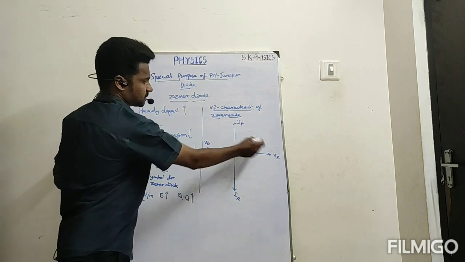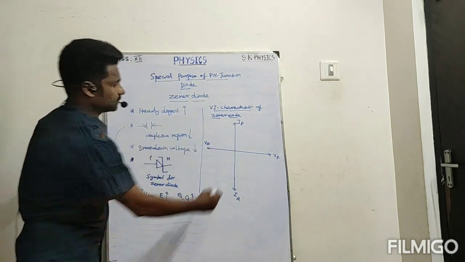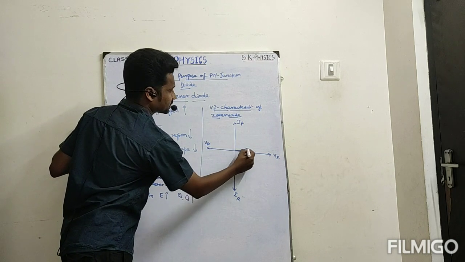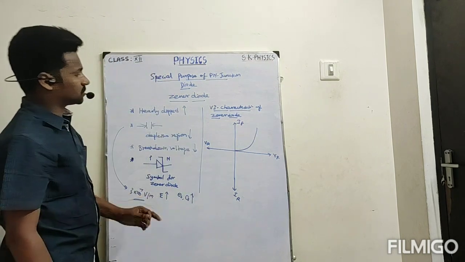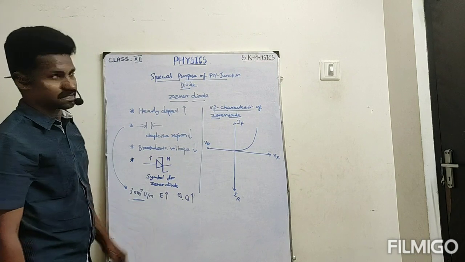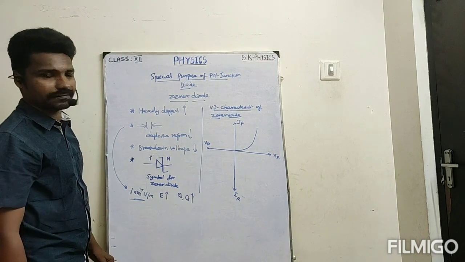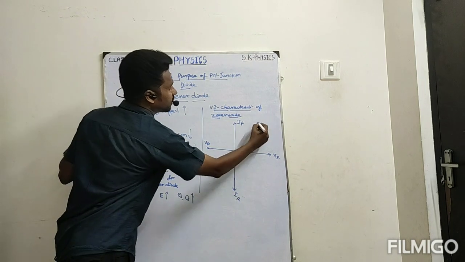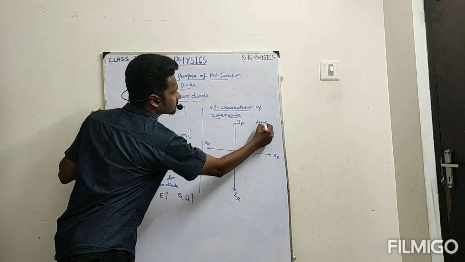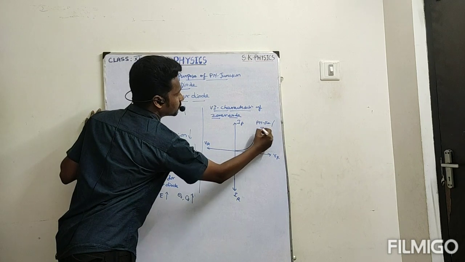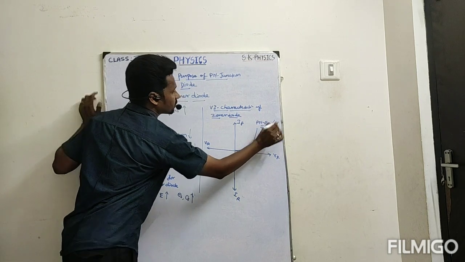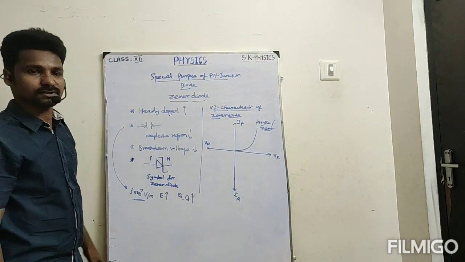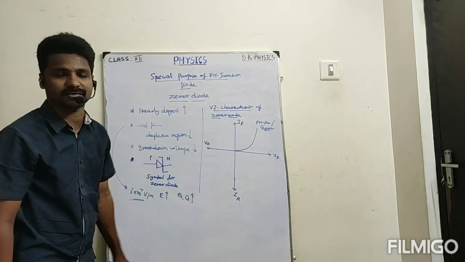If you focus on the forward bias curve, generally we get it like this. This is known as the PN junction diode curve. This curve is suitable for both the PN junction diode and the Zener diode. Both are naturally the same in forward bias.